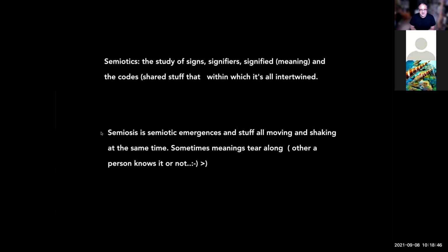Semiosis, and I'll get into this more, is the emergence of meaning or reading from signifiers. A signifier is a thing that points to a meaning somewhere. What is signified is the meaning itself.